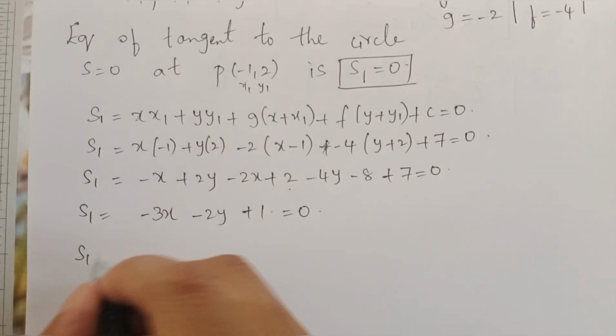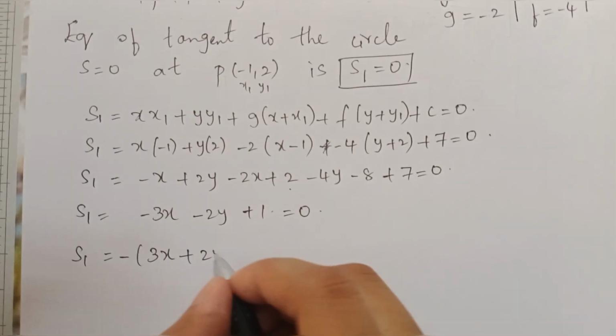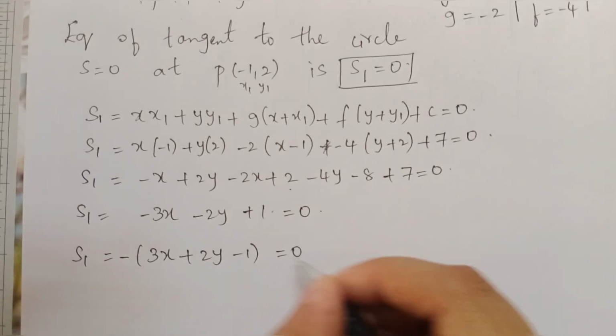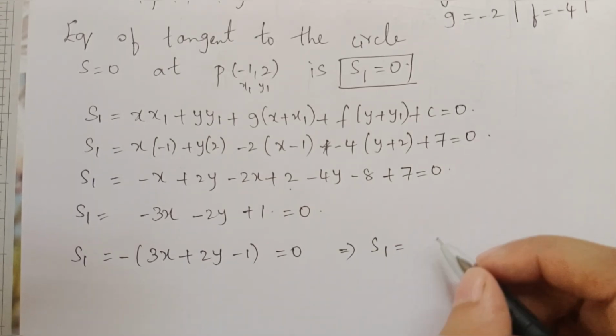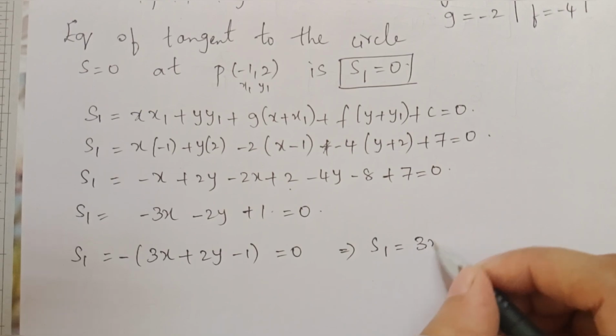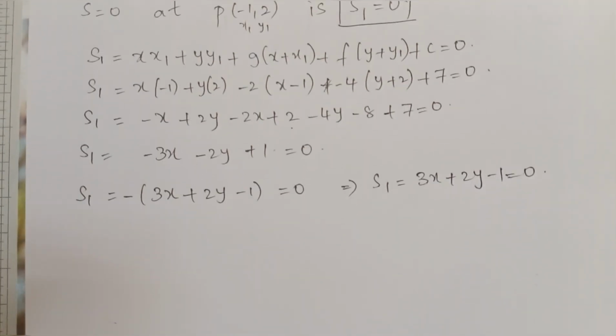Now taking negative common, it can be written as 3x + 2y - 1 = 0. So our final equation of tangent to the circle is 3x + 2y - 1 = 0.